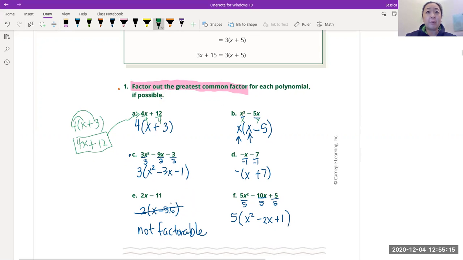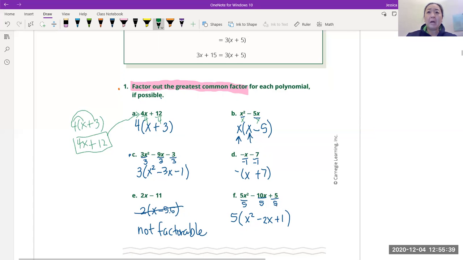But when we're talking about greatest common factor, 2 does not actually go into 11. So we're not going to factor it that way. We're just going to say it's not factorable. If when you take out a number it gives you a fraction, we're not counting that. That's not factorable.